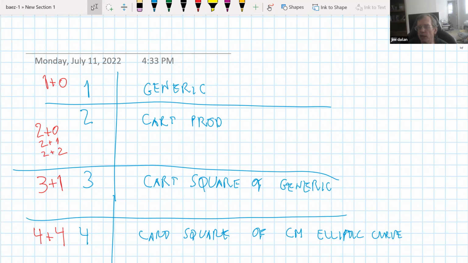Yeah, I think that's true. And the other thing is that every abelian surface is very close to being a Jacobian of a genus 2 curve, and perhaps necessarily of a hyperelliptic genus 2 curve.